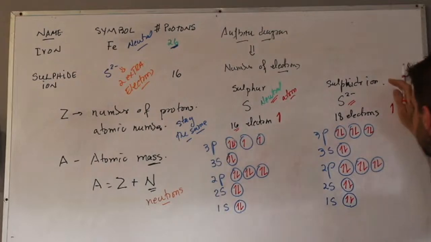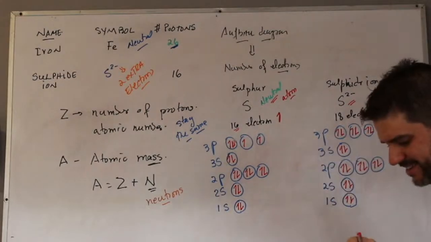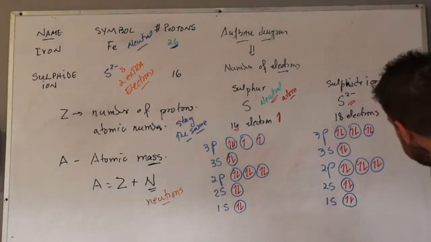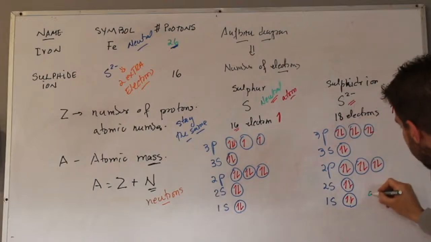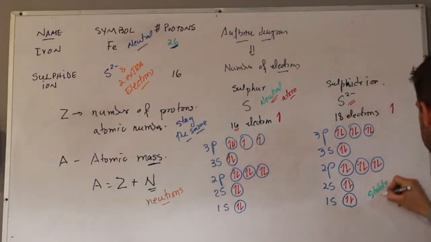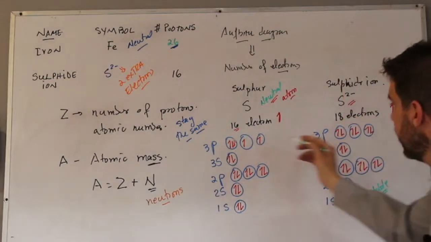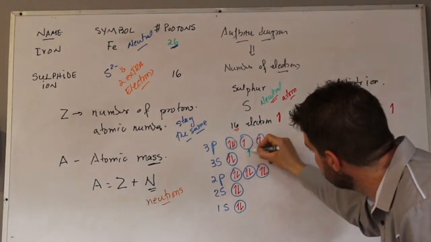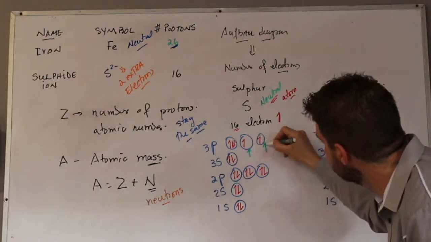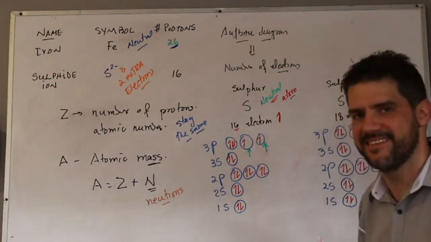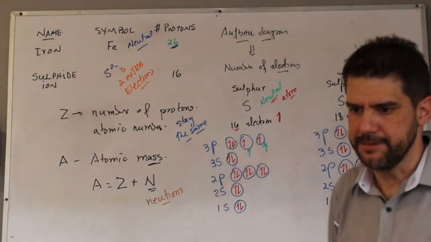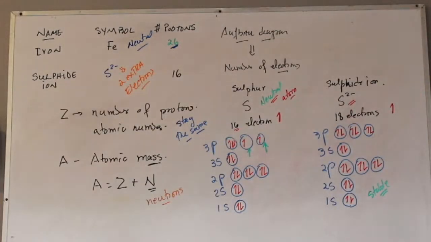This one is sulfide. If you can see, it's stable. This here is stable because energy levels are all full. This one has a problem there because it has a space. So this is unstable.